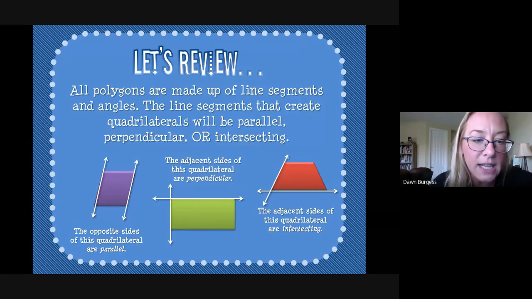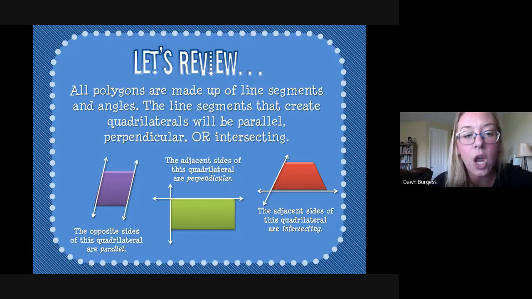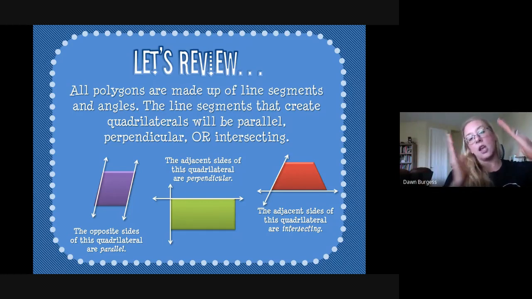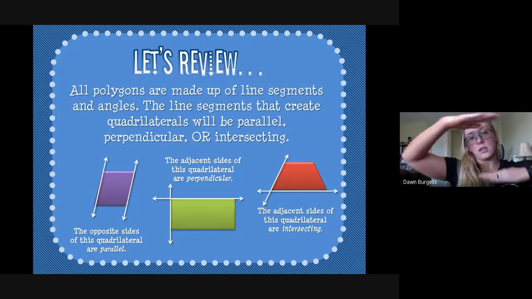Okay, the opposite sides of this first shape, that purple shape, the opposite sides of this quadrilateral are parallel, meaning they're never going to cross. Okay, so they would describe that shape to you as having two sets of parallel lines, the ones that are running like this and the ones that are running like this.